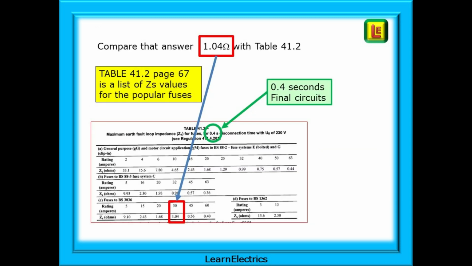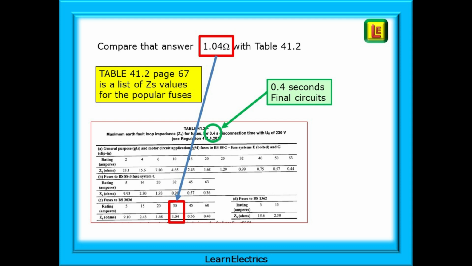Now compare that answer, 1.04 ohms, with table 41.2 on page 67. At the top of the page is the disconnection time for this table, 0.4 seconds, so we have the correct page. Towards the bottom of the table is BS3036 fuses, and the red box is highlighting a 30 amp fuse.